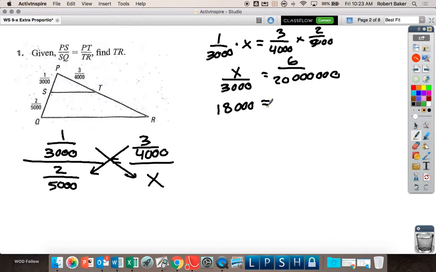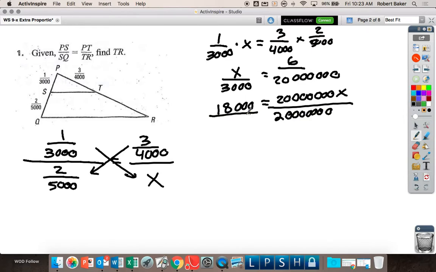X times 20 and 6 zeros. 20 and 6 zeros with an x. Now can't you just divide? Now you divide 18 by 20 and 6 zeros.